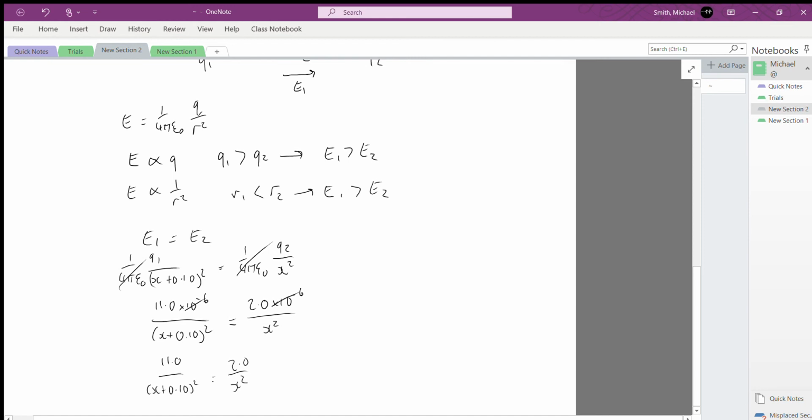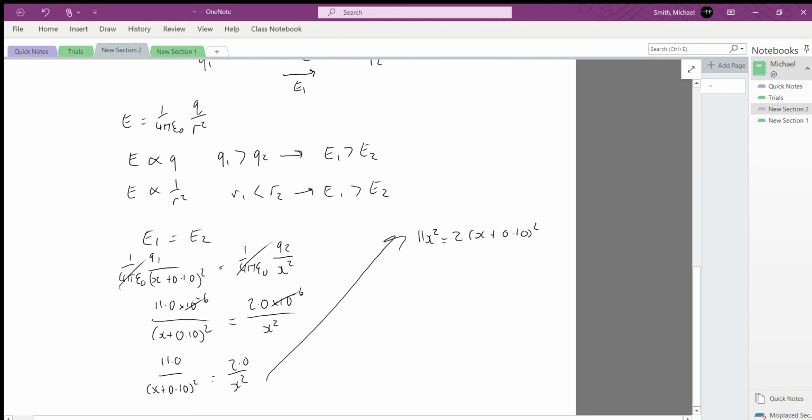So we can use our calculator to find x, but if you want to do the algebra, then that's fine. The easiest way to do this is probably to start off by cross multiplying both sides. So we'll go 11 x squared will be 2 times x plus 0.1 squared.